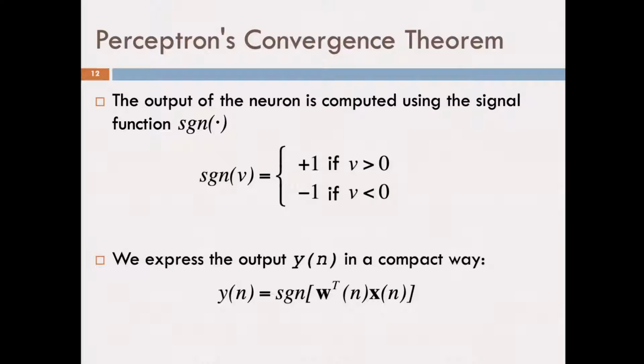Here, we are going to use a sign function that has V as argument. V is the linear combination of inputs and weights.